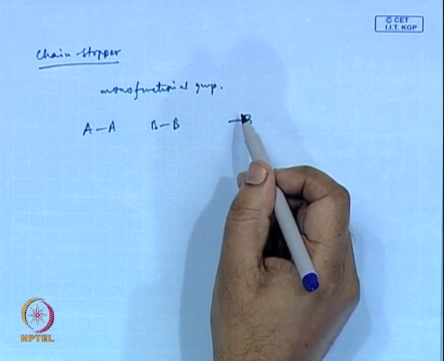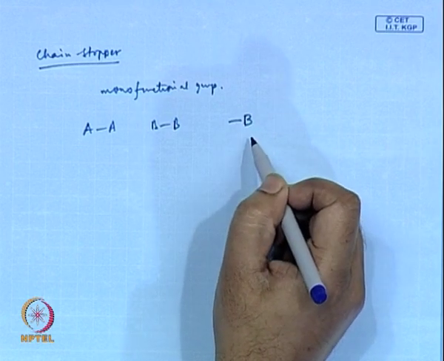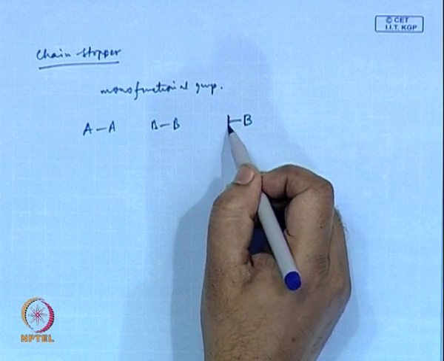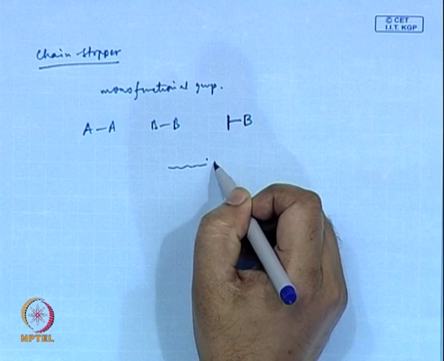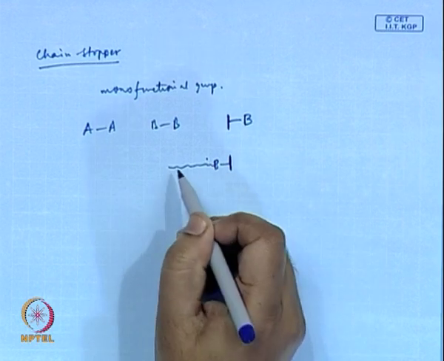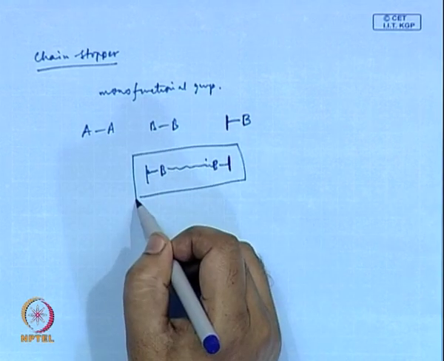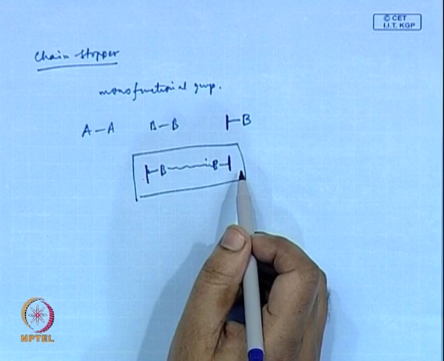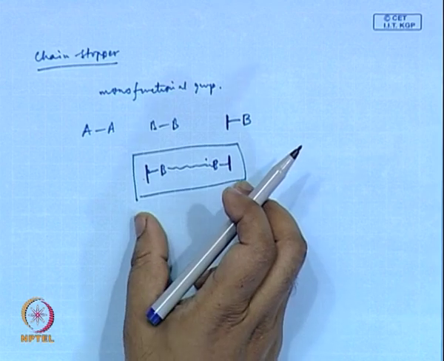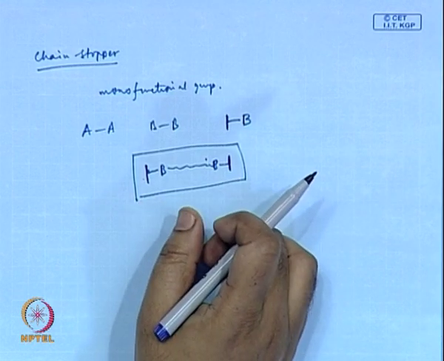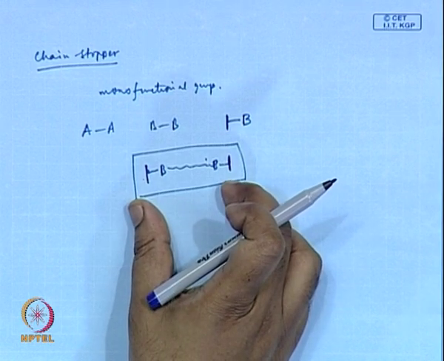Then the chain in which the ends are capped with B, the other ends are dead. This is dead end. So, if you have some chain like this, B with dead end here and again B with dead end here, then you are forming a chain which does not have a reactive group on either of the sides. That means this chain cannot take part in the reactions, which will allow you to control the molecular weight.